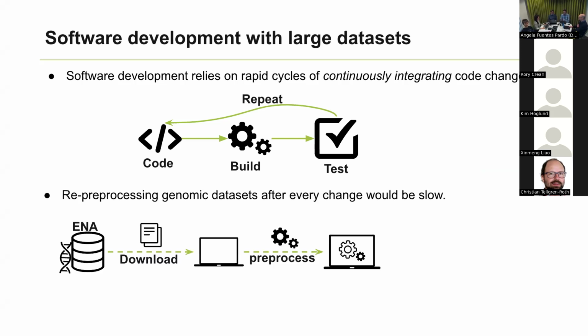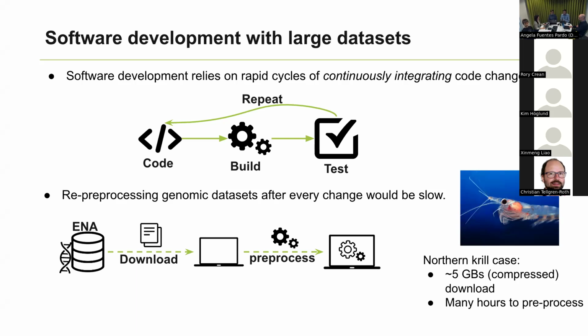So when it comes to working with these data sets, as we're not the primary source for these data sets, there's potentially a very big bottleneck when it comes to the website. And that is that we would first need to download these large data sets from a primary repository, such as the ENA. And then we also need to pre-process these data sets so that they can be shown on the website.